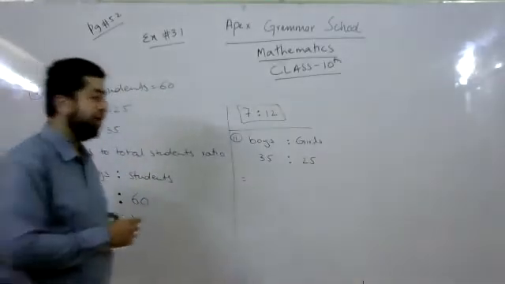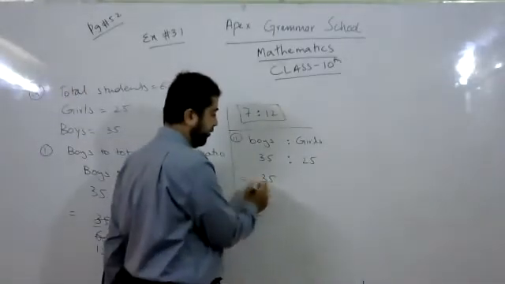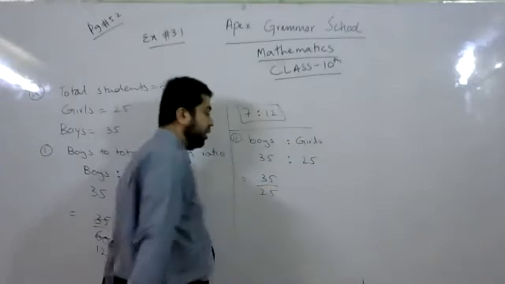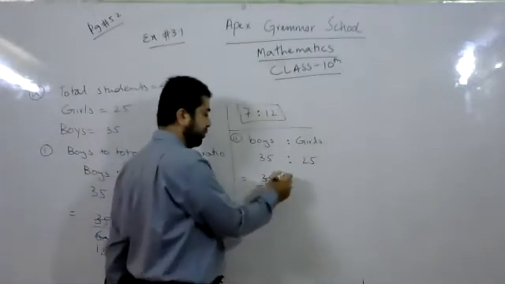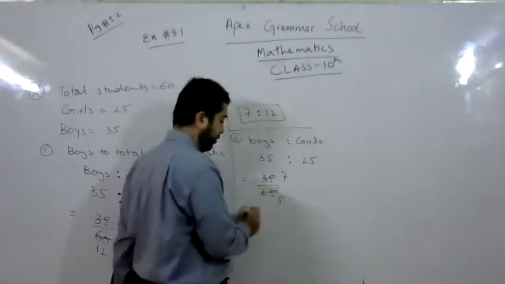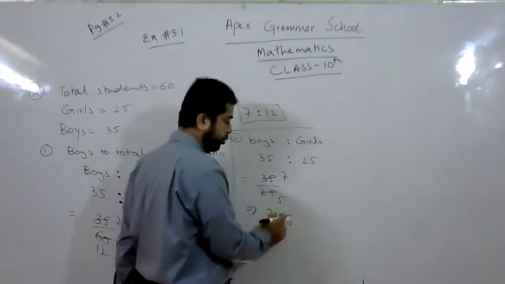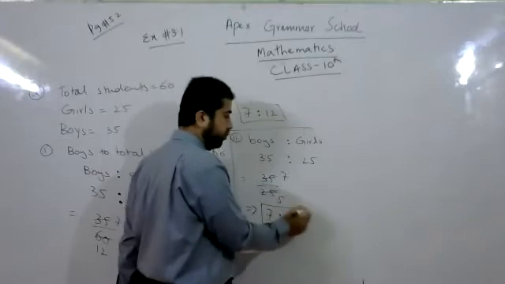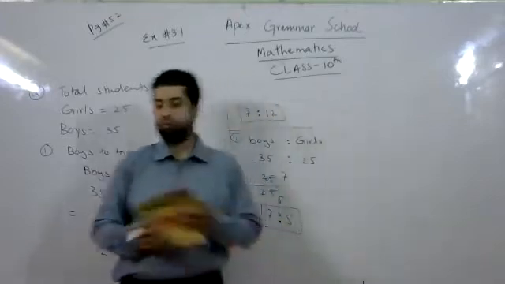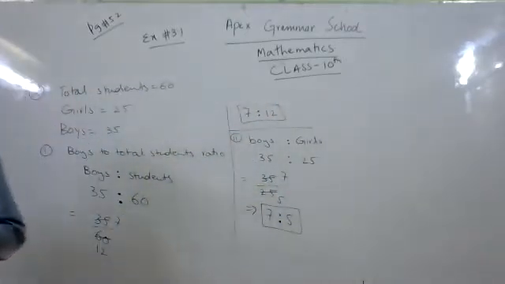Now we can solve it. 35 divided by 25. 5 7s are 35 and 5 5s are 25. So we can write it as 7:5. And that's it. This was question number 2.